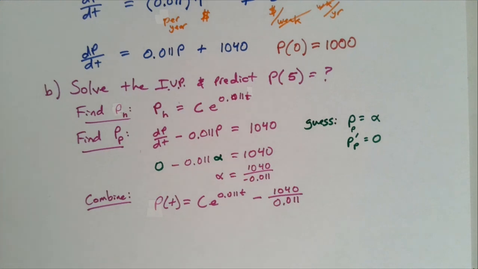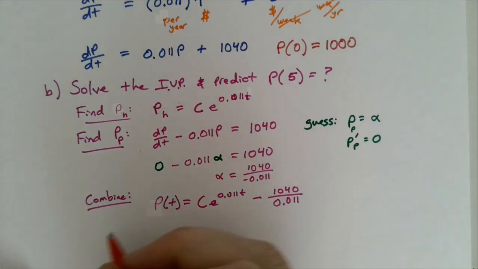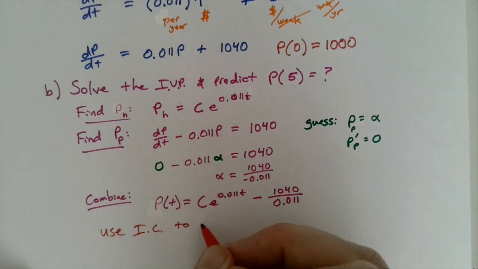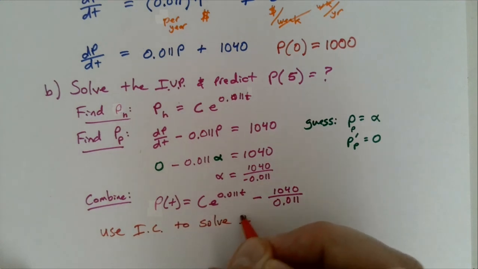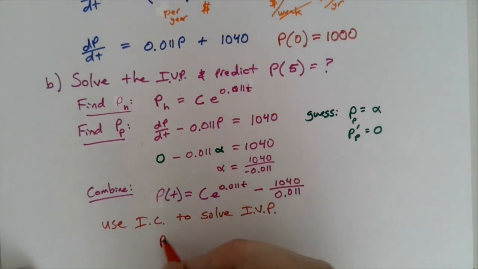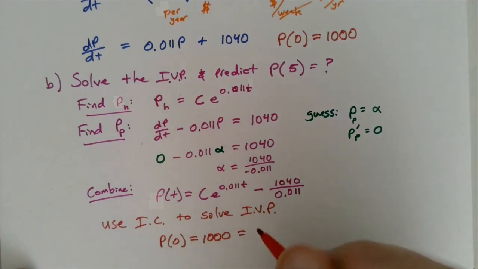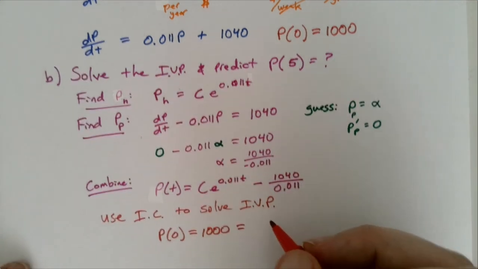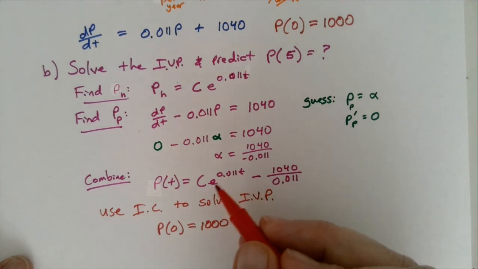Now that I've combined it, I'm actually going to use my initial condition. So let me grab my red marker here and say let's use the IC to solve the IVP. That means P of 0 equals 1,000. And that's got to be equal to all this stuff over here when I plug in t equals 0. So t equals 0 makes this exponential just be 1.